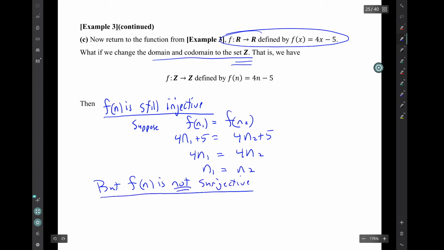Now to see why, let's consider the integer y equals 2. Now we know what value x would have to be in order to get f of x equals y.